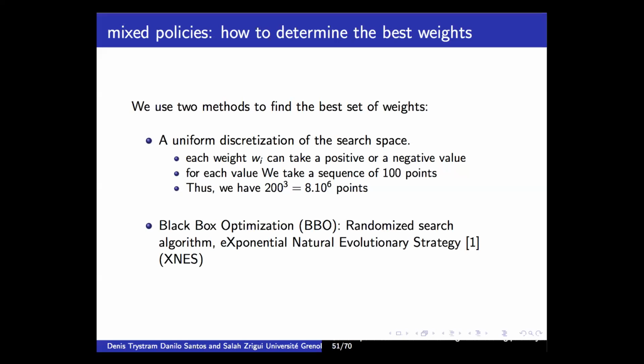And the other method, which is faster, is used to directly find the optimal, using some basic black box optimizers, think simulated annealing, CMA-ES. But for this work, we decided to choose XNES simply because it outperformed all the others.